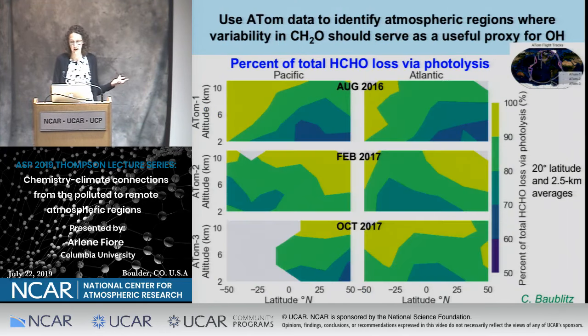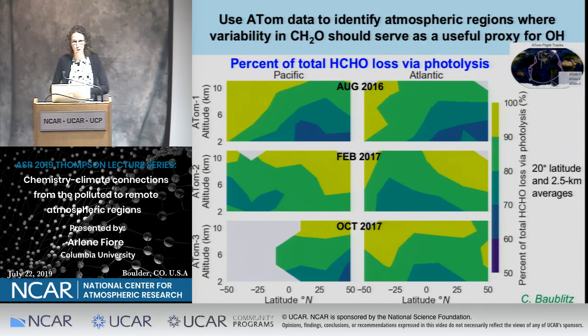That's what this figure is showing, and this is work from my graduate student, Colleen Baublitz, where she's looking at the percentage of the total formaldehyde that's lost through photolysis, and it's pretty much above 50% throughout the atmosphere, in many regions even approaching 80 to 90%. So we think that theoretically this should work.